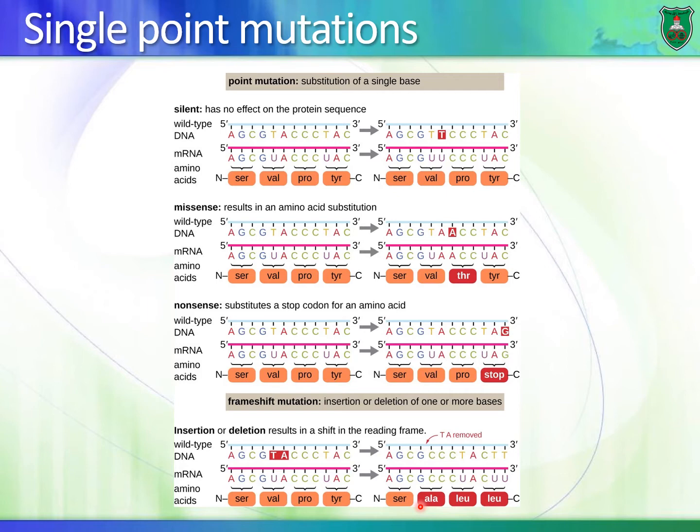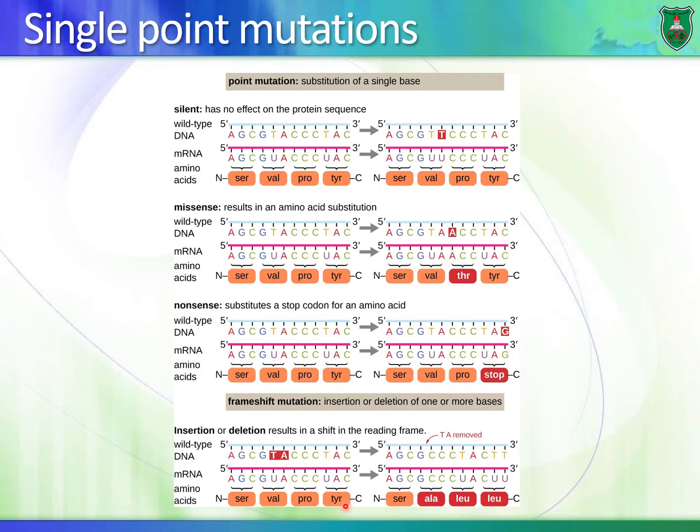Now, what will happen if you have a deletion or insertion of a triplet, 3 consecutive nucleotides? It depends. If the 3 nucleotides are added outside a codon, let's say you have AGC and then an insertion of 3 nucleotides right here, you're inserting an additional amino acid, but the sequence after this amino acid would be the same. So you would have serine, then any amino acid, whatever it is, then valine, proline, tyrosine, and so on.